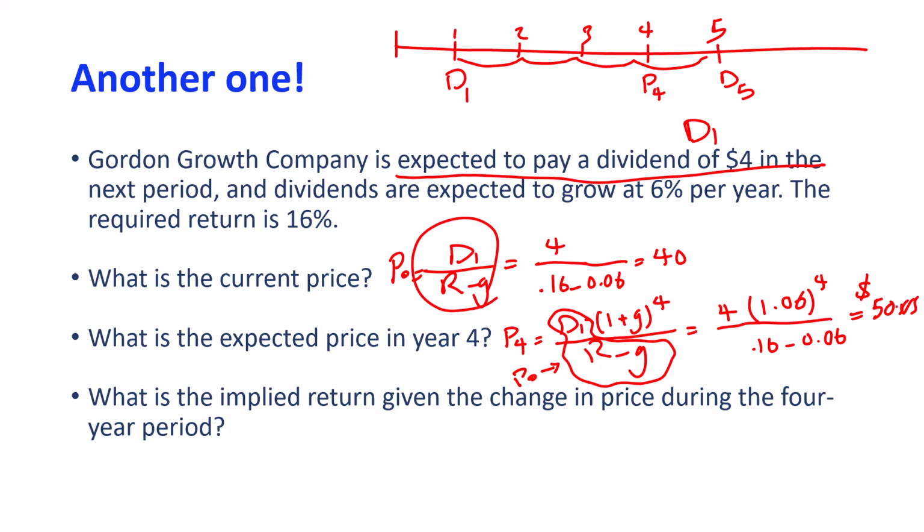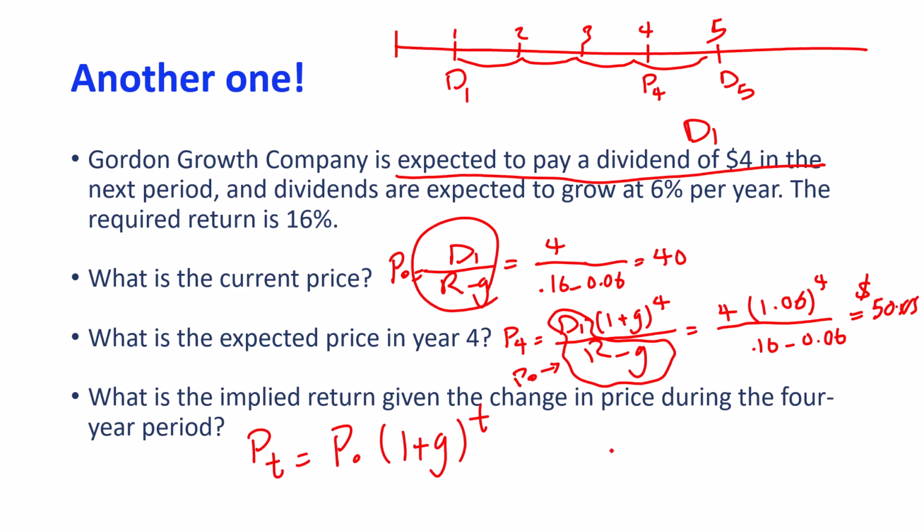So the conclusion that we can basically draw from this practice is that price in the future, at any point in the future, is going to be price today times 1 plus the growth rate raised to the power of T. In other words, your price is growing at the same rate as your dividend.